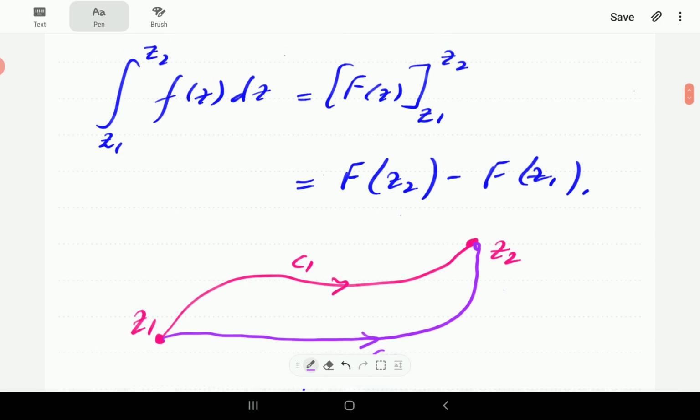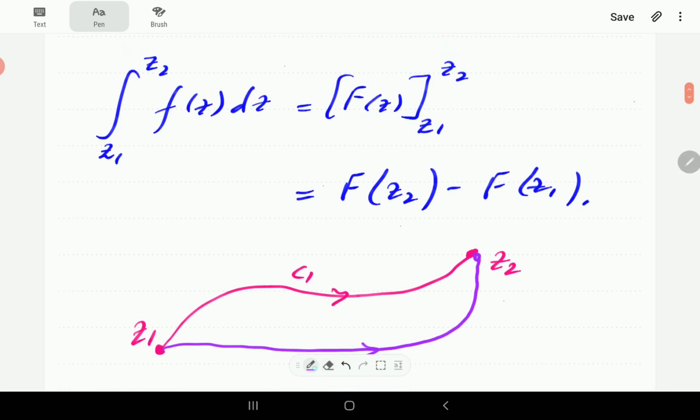Now, two things to note here. The first one is that this theorem is an extension of the fundamental theorem of calculus that we saw in our first year course on integration.